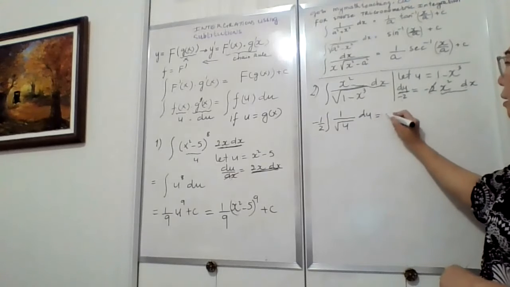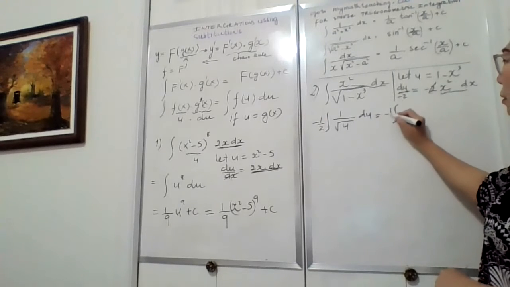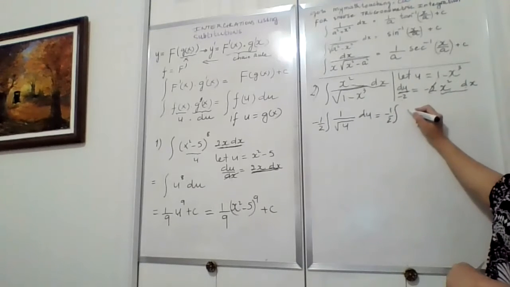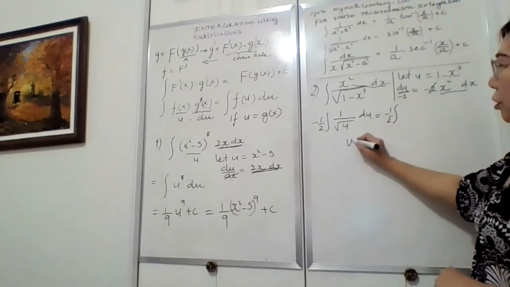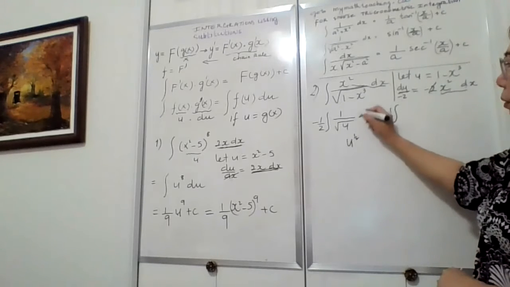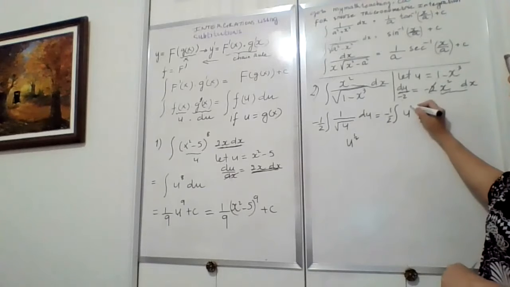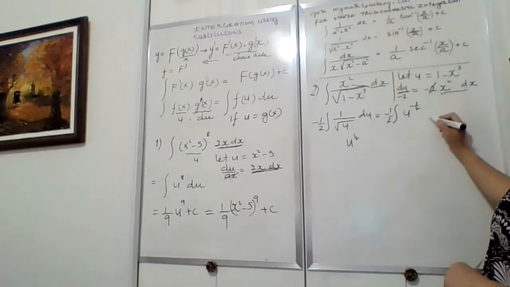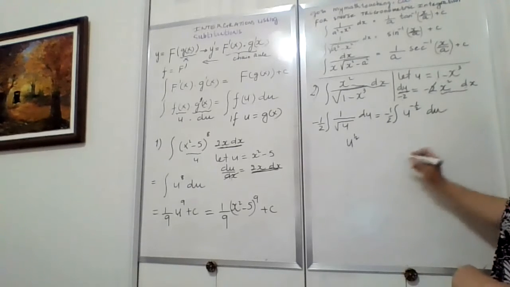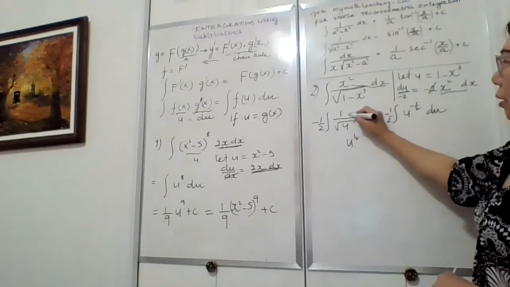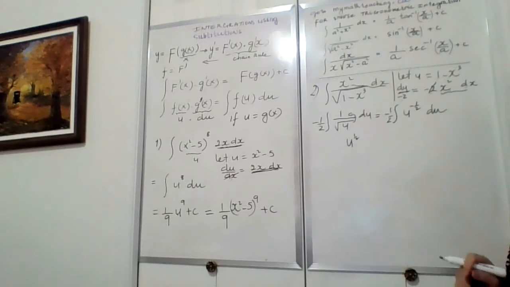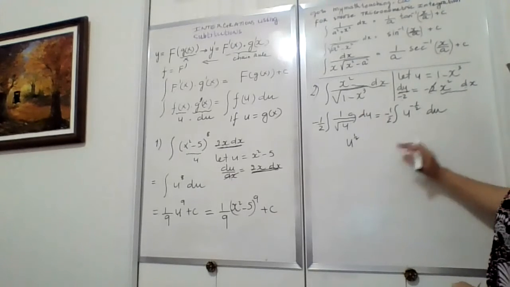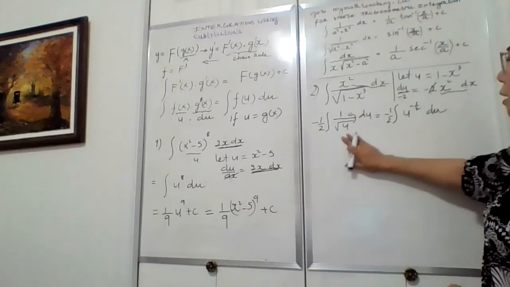Now we can rewrite this as the rational power, which is u to the 1/2. But we're going to bring it up, so we can say minus 1/3 on top, and du. Because we rewrite this to become a rational power, and everybody knows about that. So that's all we have to do.